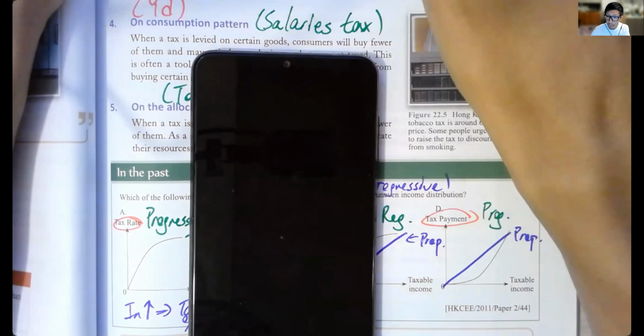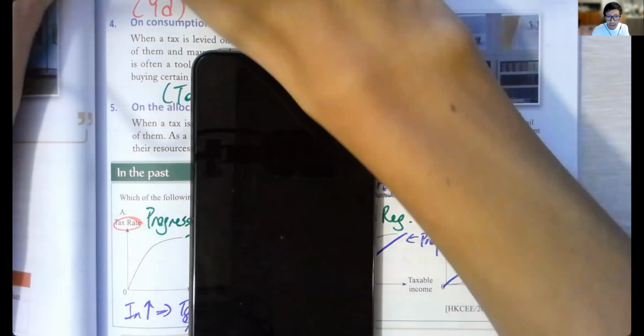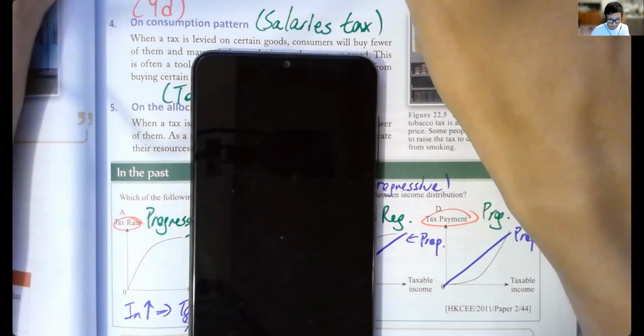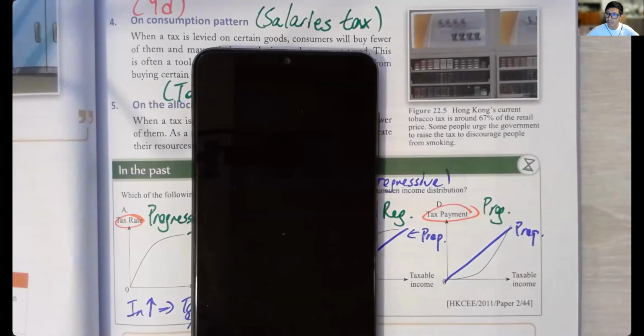More lower income people do not need to pay tax. With more allowance, it means that there will be more people not needing to pay tax. Who are the ones not needing to pay tax, the rich or the poor?